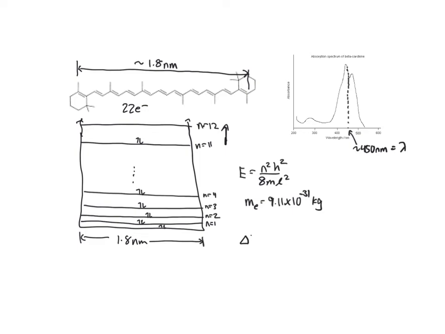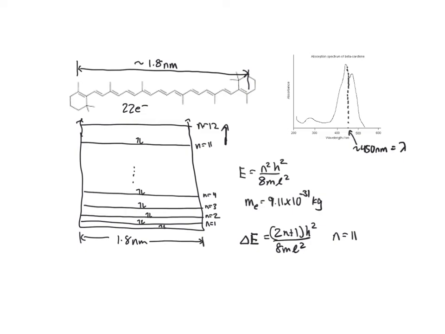And so my delta E for that transition is equal to (2n plus 1) h squared over 8mL squared, where n is equal to 11 because I'm starting on the 11th level and going up to the 12th level. So that's the n to n plus 1 transition.